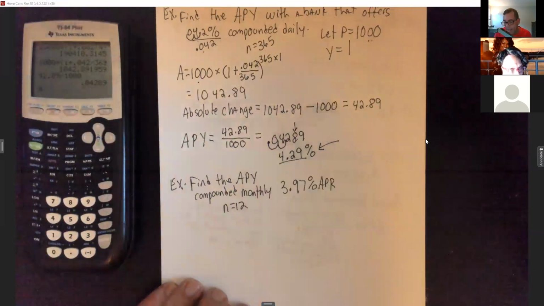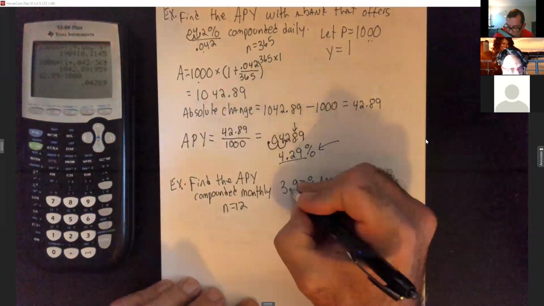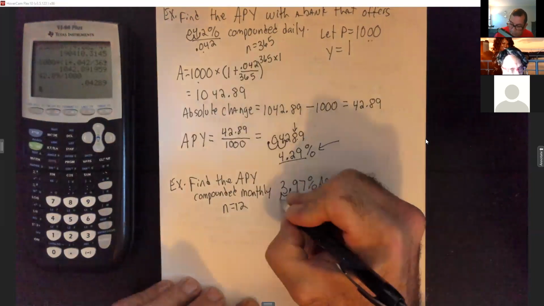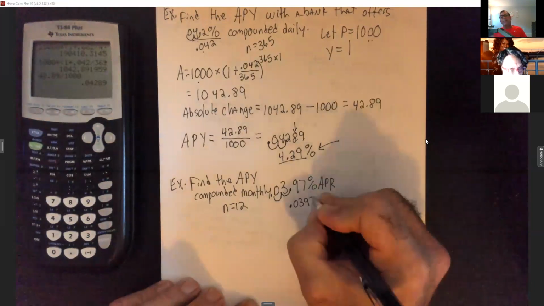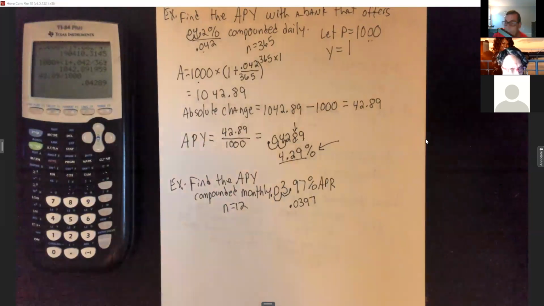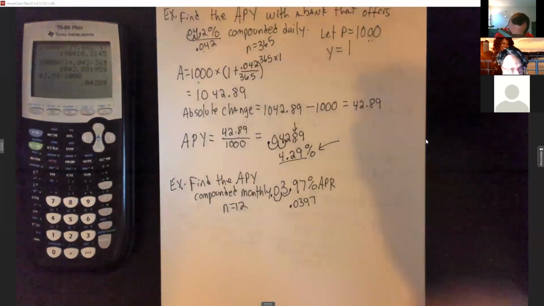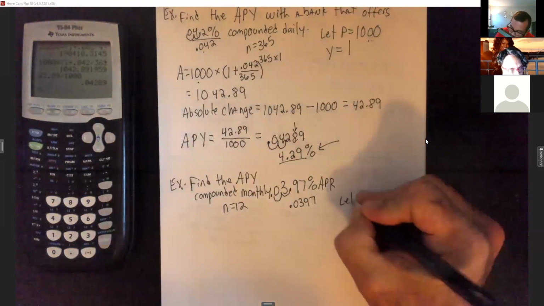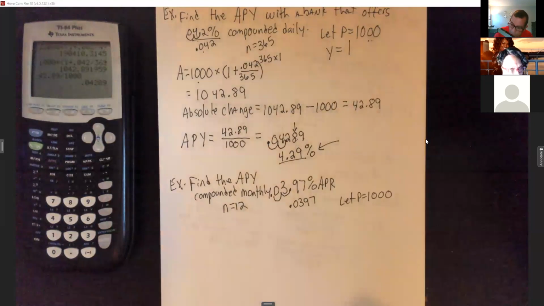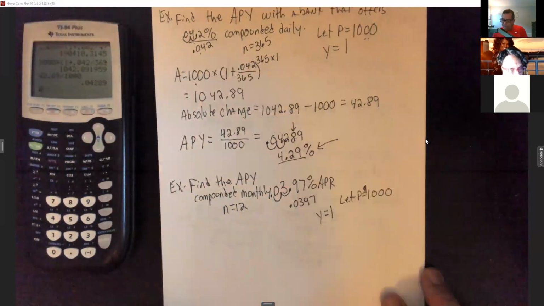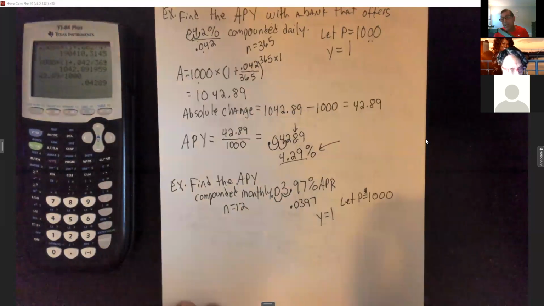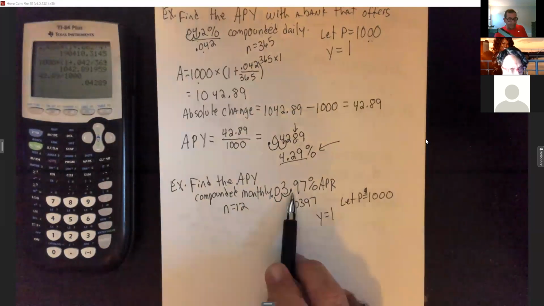Okay? And then I got to find this decimal over here by moving that left 2 units. So that's going to be a 0.0397 for my APR. Once again, I got to get a P. So I'm going to let P equal 1,000 again. So I'm investing $1,000 again, and Y is always 1 on these problems, okay? So let's see if our annual percentage yield is better than that 3.97.